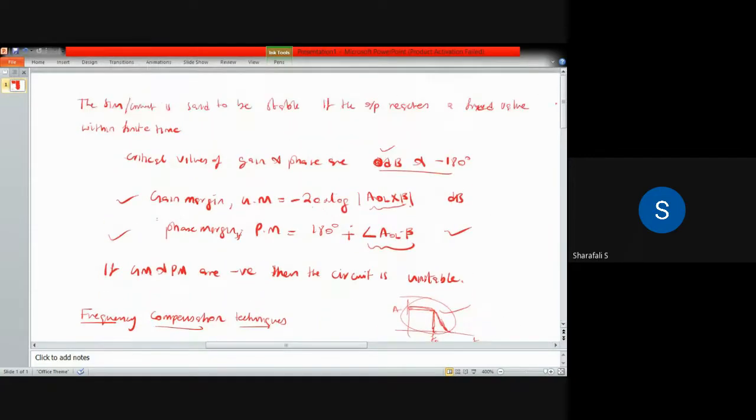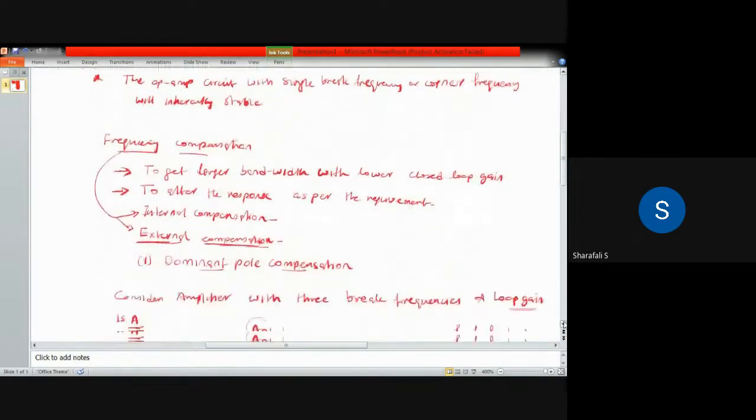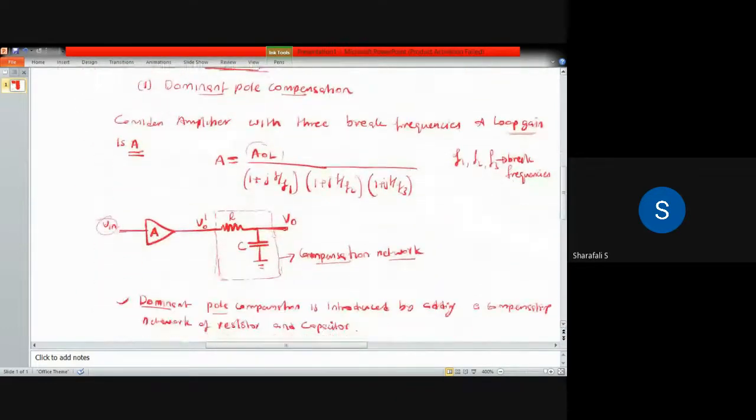Let's consider, yeah, here. So this is the transfer function without compensation.